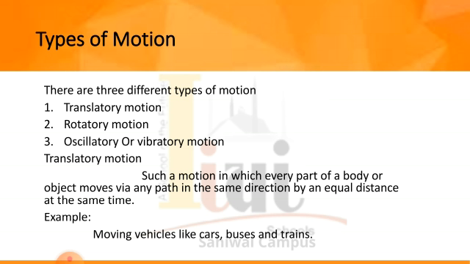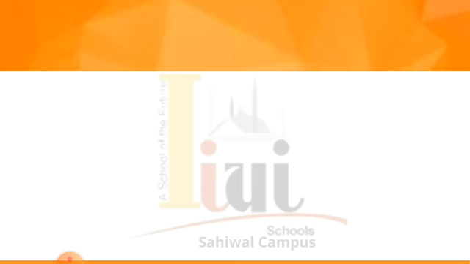All the seats, marked for example A, B, C and D, and all the wheels of the bus move the same straight distance in which the bus is moving. In fact, every part of the bus moves the same distance, in the same direction, at the same time. So in the same direction, same distance, and same time, this type of motion is known as translatory motion.